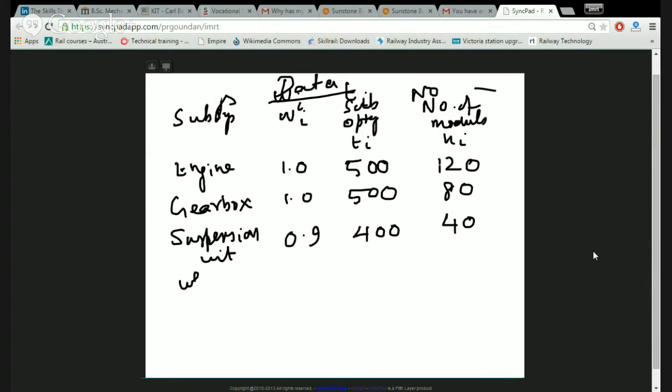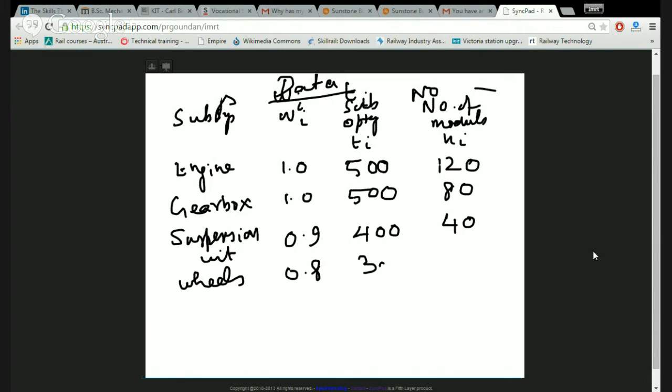Wheels. The vehicle is waiting in some places, moving in some places, so it need not work all the time. Suppose I go to a destination after 500 hours and I wait there. So there is a weighting factor they have assigned, 0.8. It's a matter of judgment.